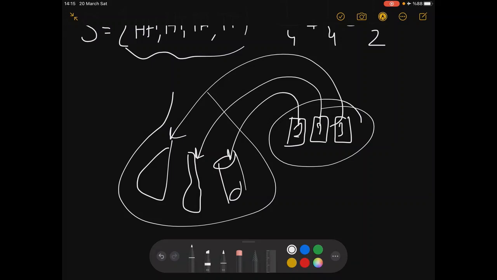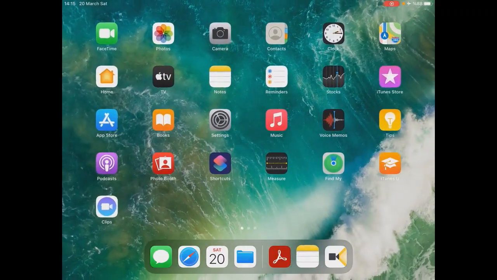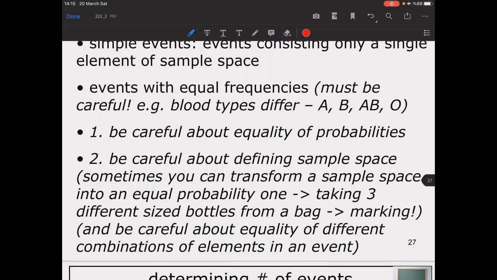It means that you're just forcing your experiment to happen with equal frequencies. That's one of the examples given in the textbook, and what we call this is marking.